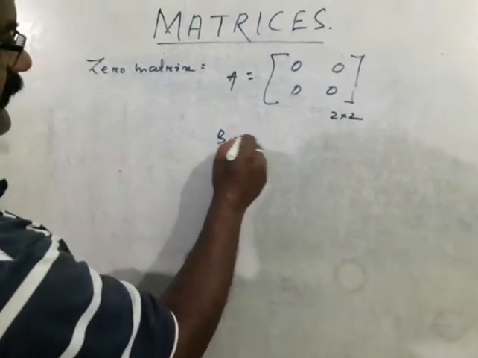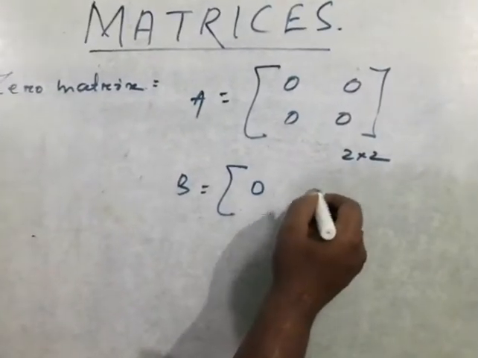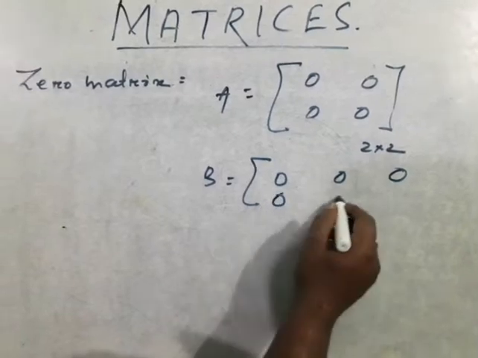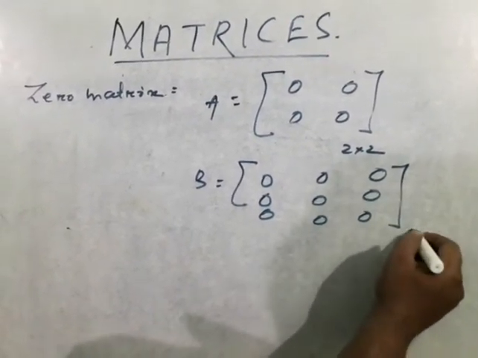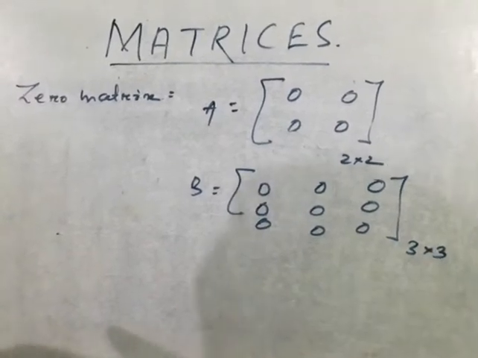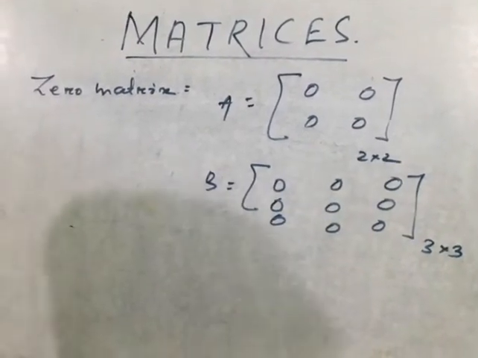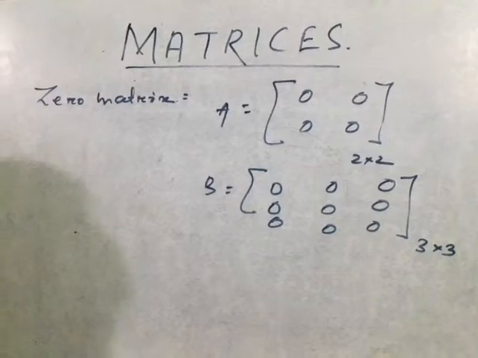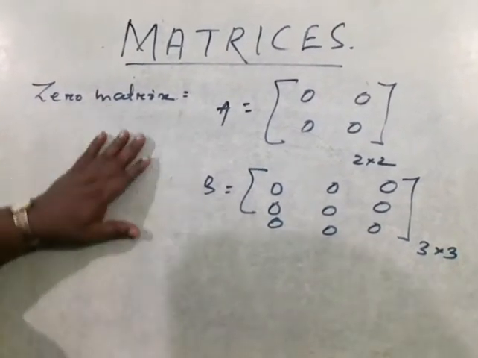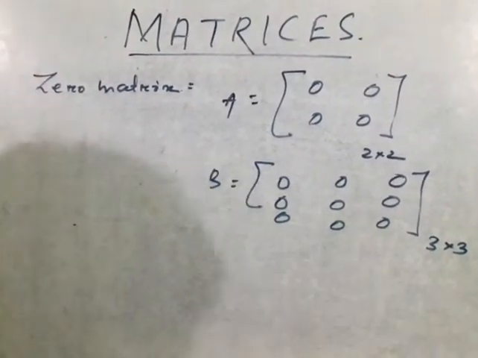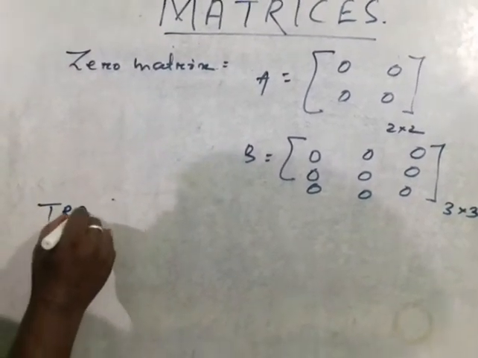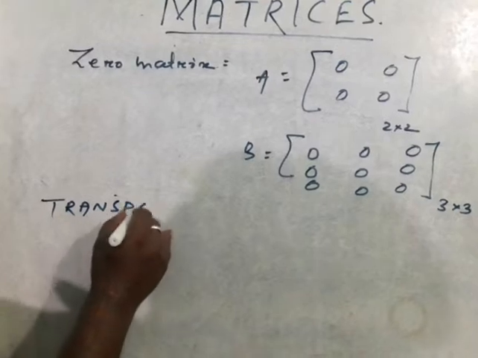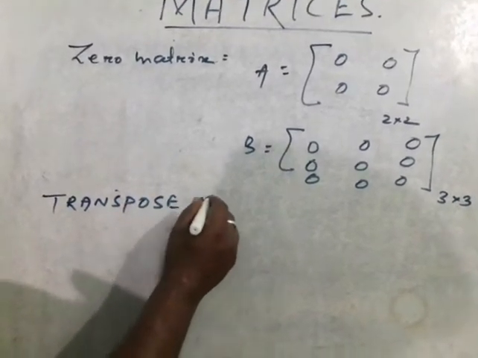Or if we say B is 0, 0, 0 and 0, 0, 0 and so on, this is a zero matrix of order 3 by 3. So these are the different types of matrices that we have gone through. Next step, the transpose of a matrix.